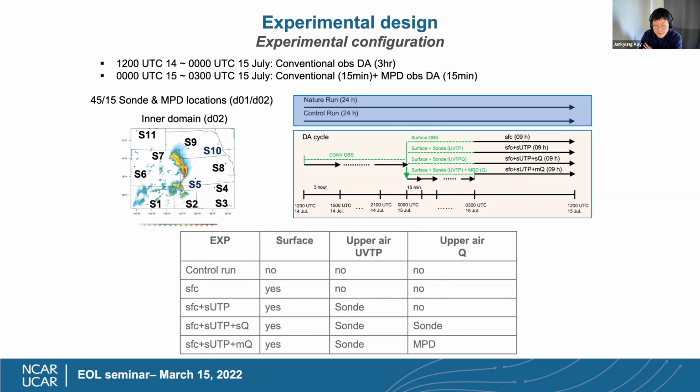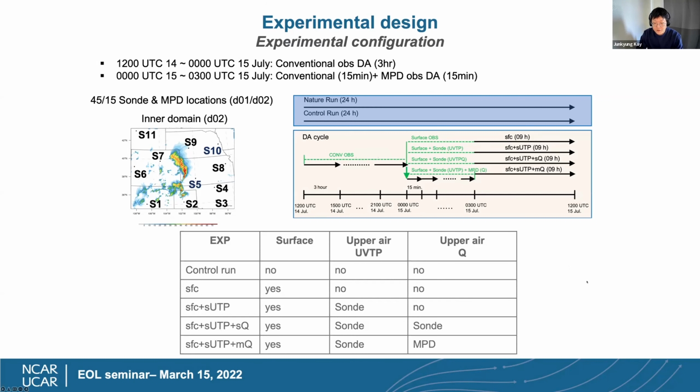Okay, because the sonde is a representative profiling instrument that is routinely assimilated in the operational centers, we will evaluate the impact of MPD being deployed at the current sonde sites and verify that MPD can complement the existing water vapor profile from the observation of these sonde sites.